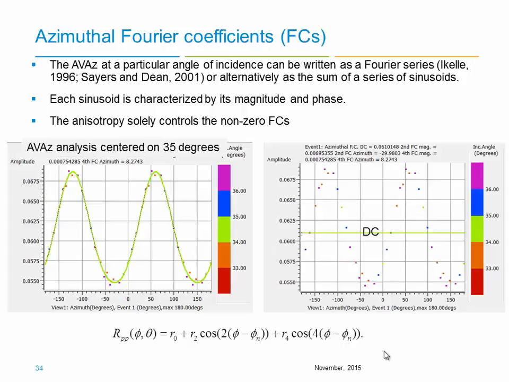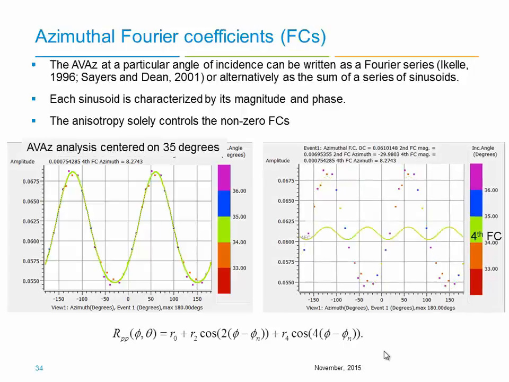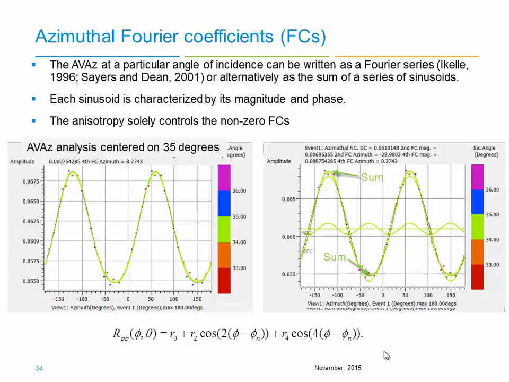There's going to be a DC component, a sinusoid of periodicity 2, and then a sinusoid of periodicity 4. And when I add all of these together, I end up with my original signal again. And what's very interesting is that the magnitude and the phase of each one of these sinusoids has physical meaning.